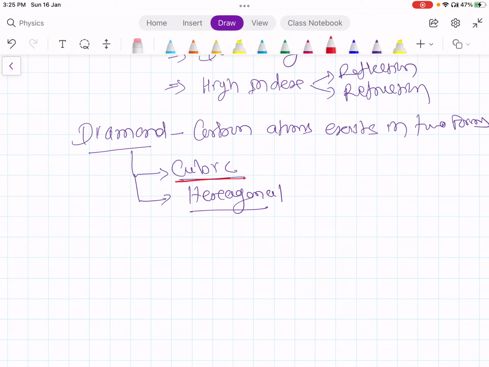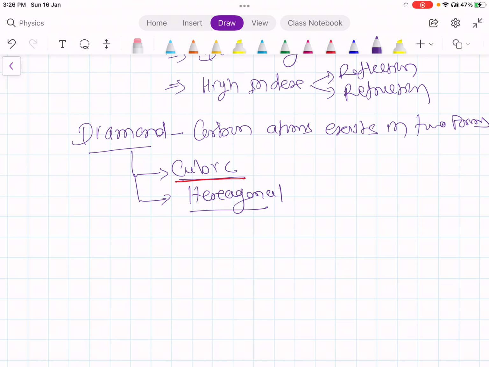Now to describe the diamond structure, let us describe it as two interpenetrating FCC monoatomic sublattices.